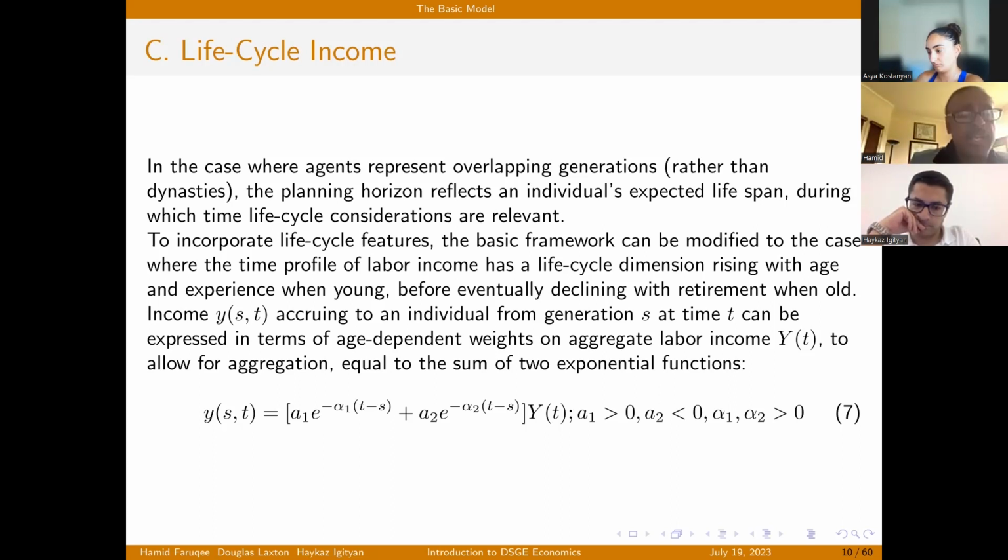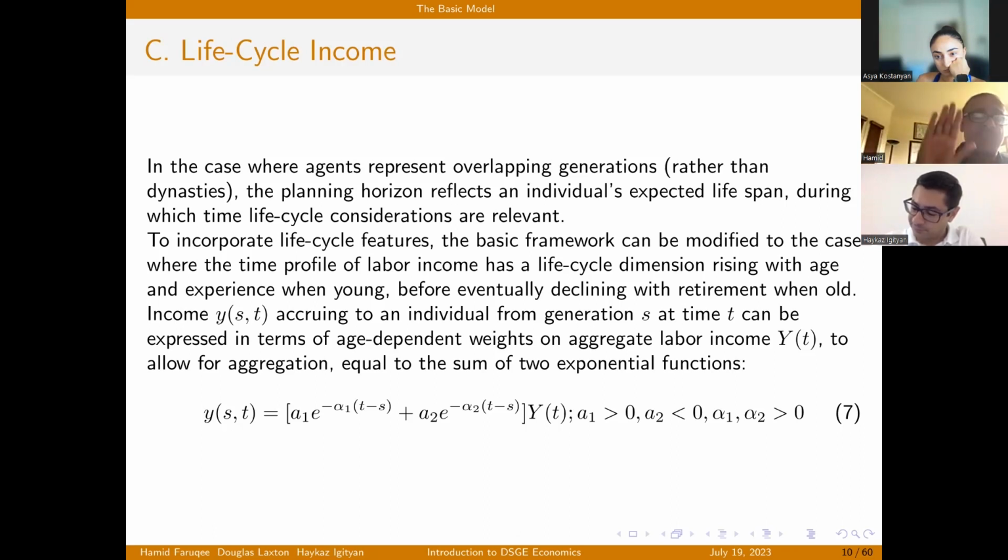Usually we start working, we graduate from school, and we enter the workforce, and we'll have usually a rising income profile as we work. That might peak as we hit middle age, and then at some point we'll go into retirement, and then our labor earnings will decline.